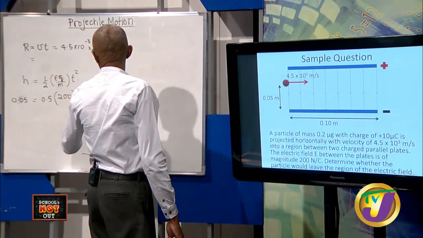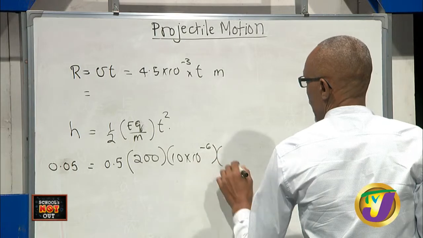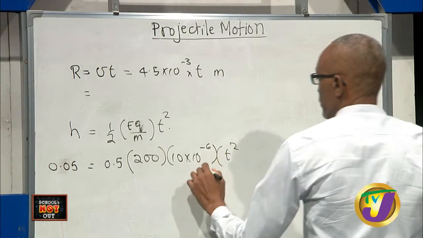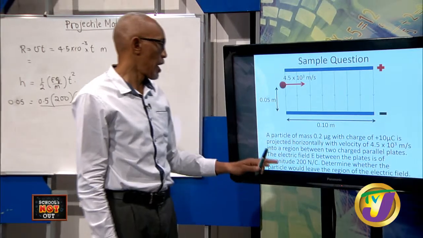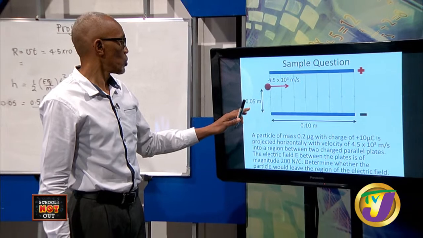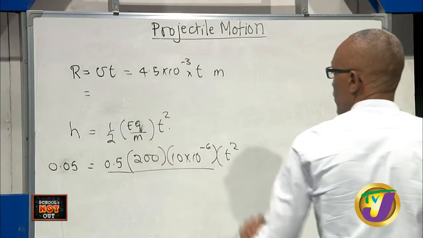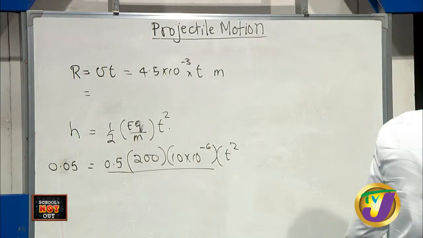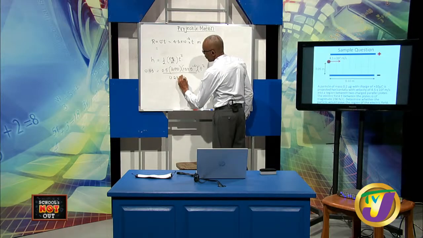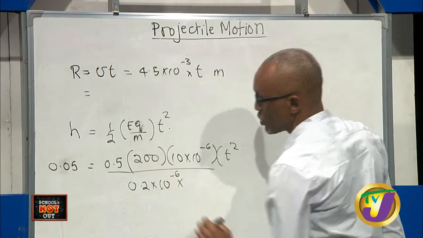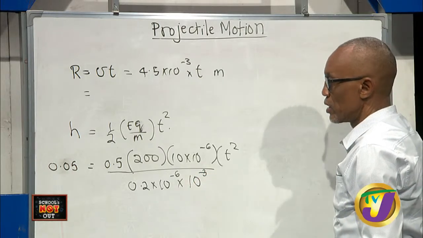That would be 10 by 10 to the negative 6, micro, that's that, times T squared, all over the mass of the particle, which is 0.2 micrograms, which is 0.2 by 10 to the negative 6, and then we must change that to kilograms by multiplying by 10 to the negative 3.